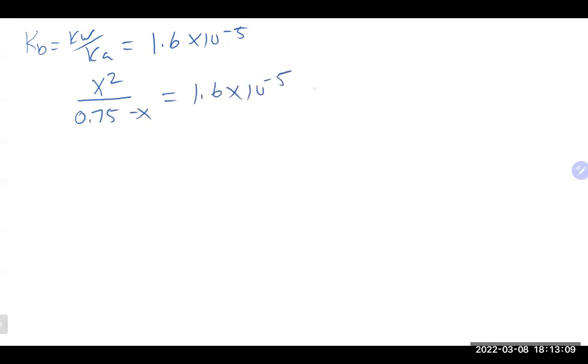Again, might as well give it a shot and assume that x is equal to 0 in this case. That would get us x squared divided by 0.75 equals 1.6 times 10 to the minus 5. Any questions so far?